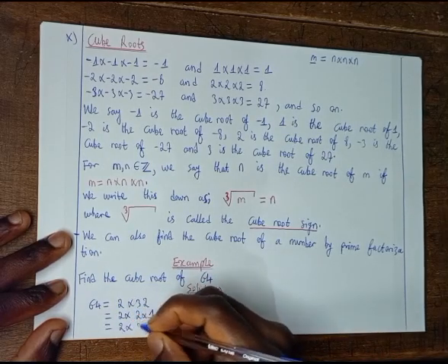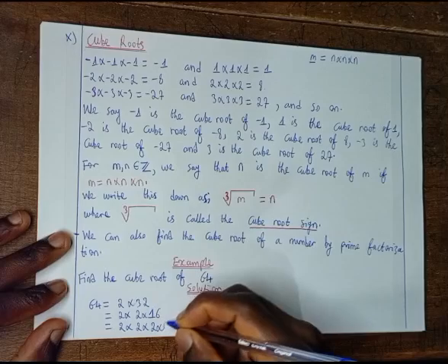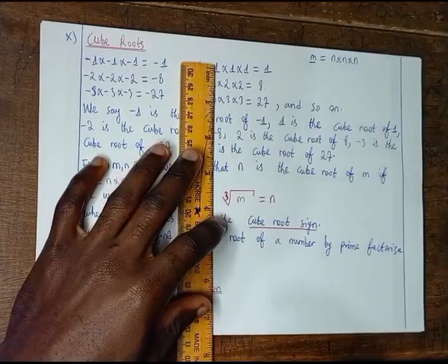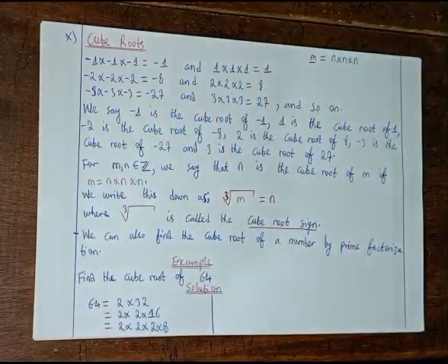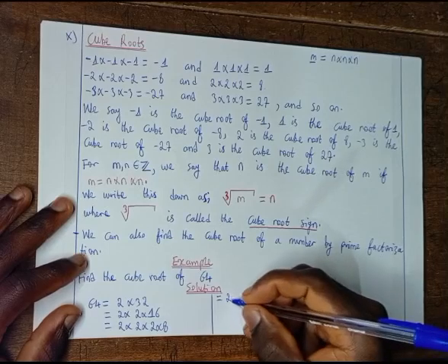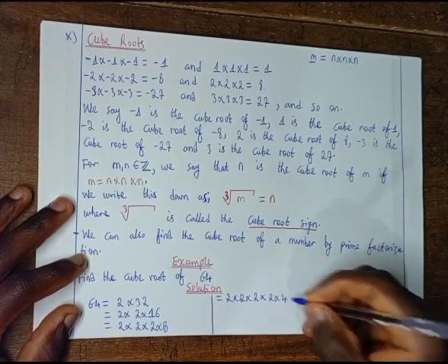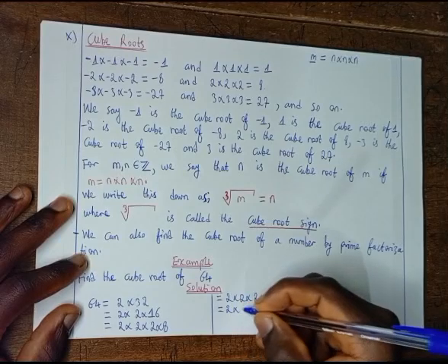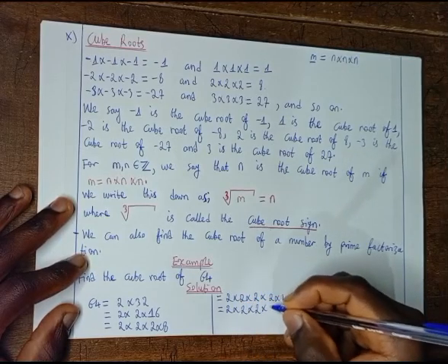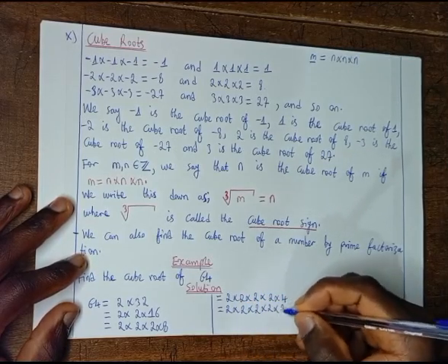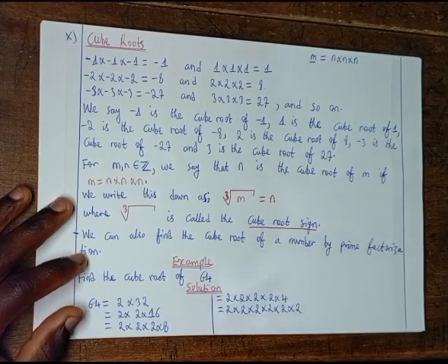It is the same as 2 times 2 times 2 times 8. Let's continue here by the side, which is equal to 2 times 2 times 2 times 2 times 4. It's equal to 2 times 2 times 2 times 2 times 2 times 2, since 4 is the same as 2 times 2.